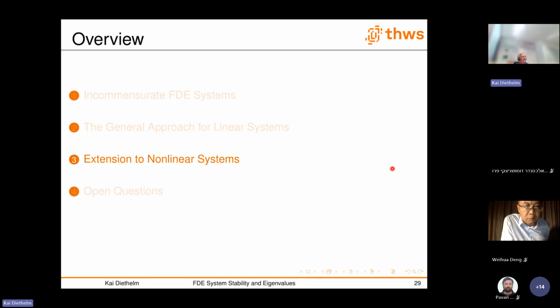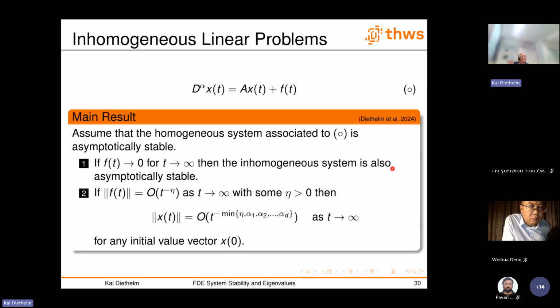What do we do in the case of nonlinear systems? Well, if we have a nonlinear system, we have two main results. First of all, it's the inhomogeneous linear case. So we have to add here another forcing function. And then we can say if this forcing function tends to 0 and the homogeneous system is asymptotically stable, then the inhomogeneous system is also asymptotically stable.